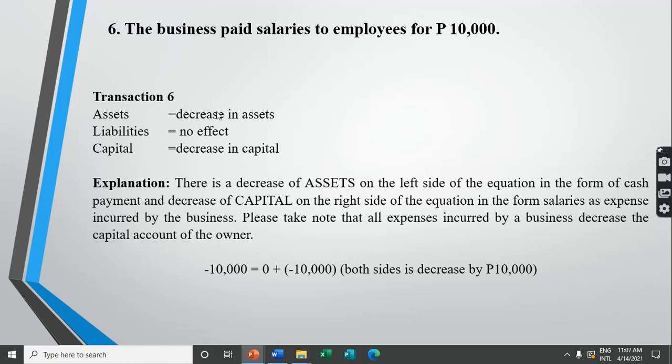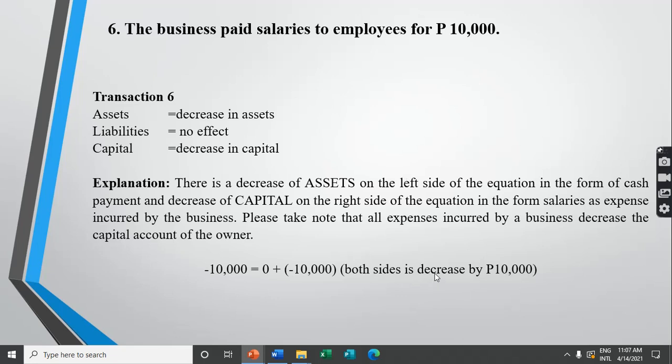So, decrease in asset. Meaning, nagbawas ka ng cash mo. Liabilities, wala namang utang dyan. Wala namang nabanggit na utang, di ba? And then sa capital, a decrease in capital din. Kasi nagbayad ka nga ng salaries ng empleyado or your employees. Okay, both side is decrease.